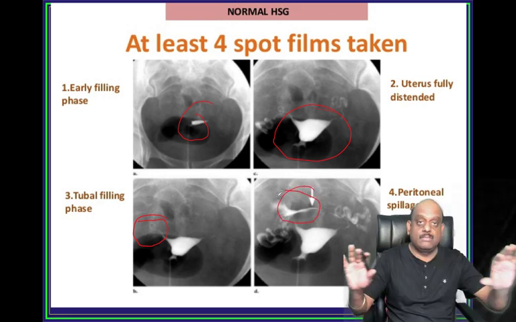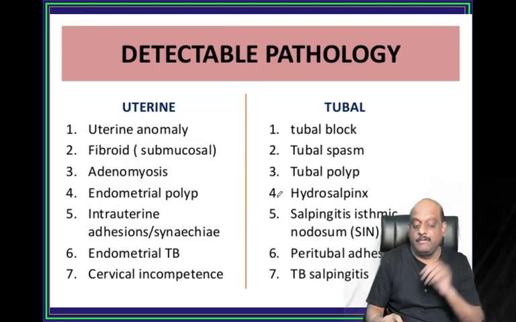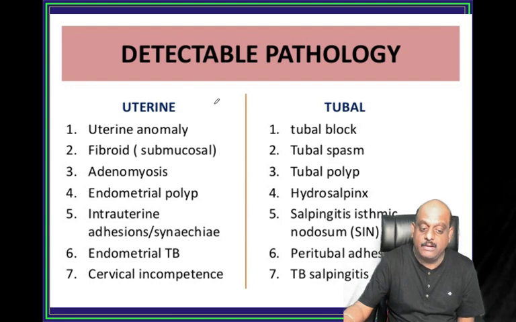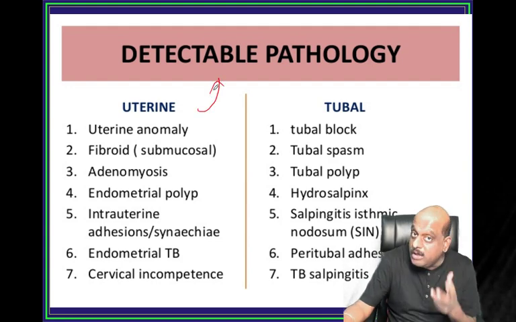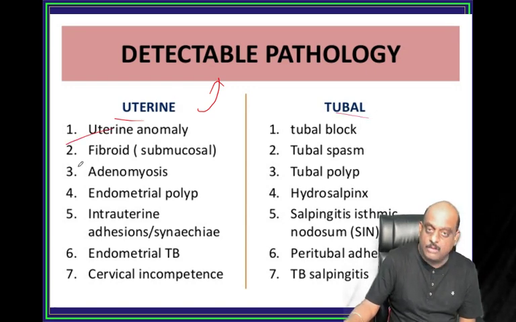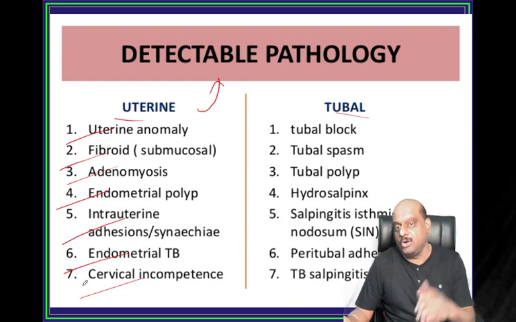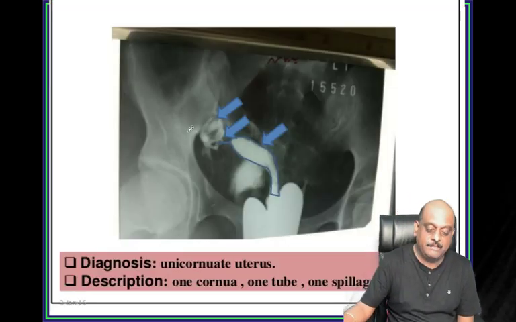All 4, you need to take. Then what kind of pathology can you detect, doctor? Uterine and tubal pathology, like uterine anomaly, fibroid, adenomyosis, endometrial polyp, intrauterine adhesions, endometrial TB, cervical incompetence. All this you can very much detect.